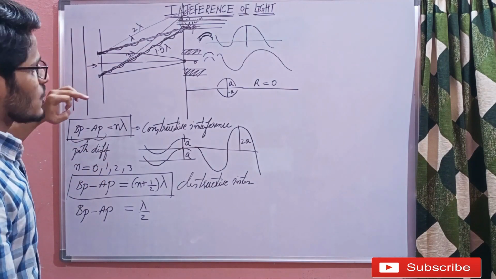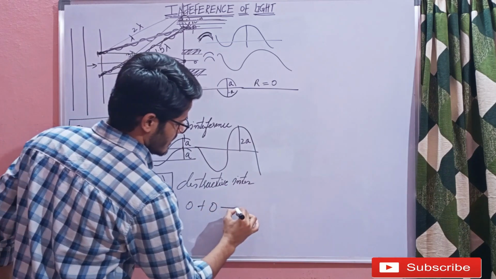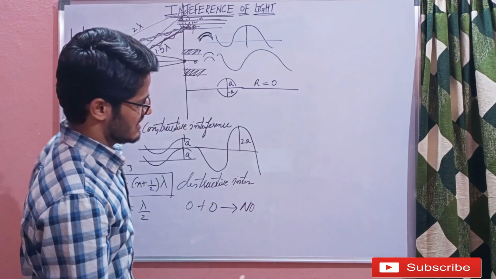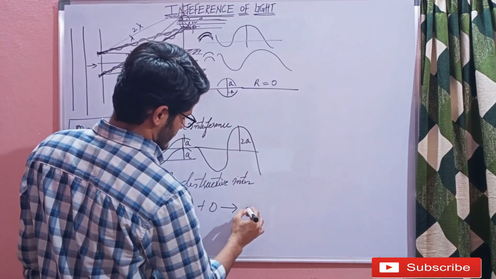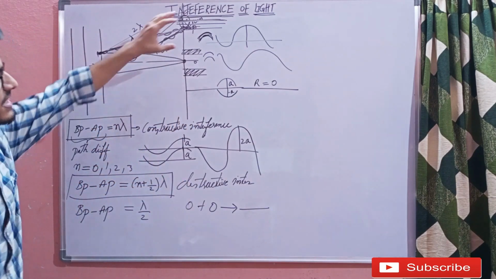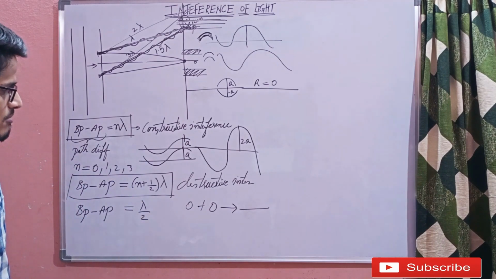So one bullet plus another bullet gives you nothing. That's why we can't explain the interference phenomenon by using the particle nature of light.